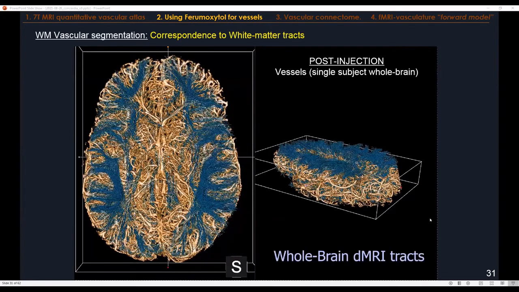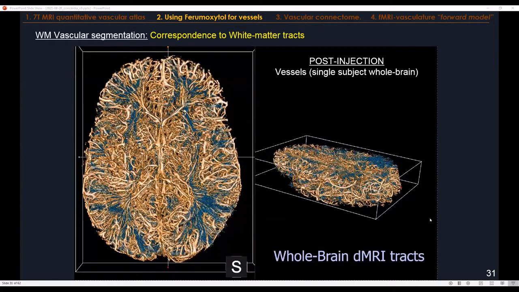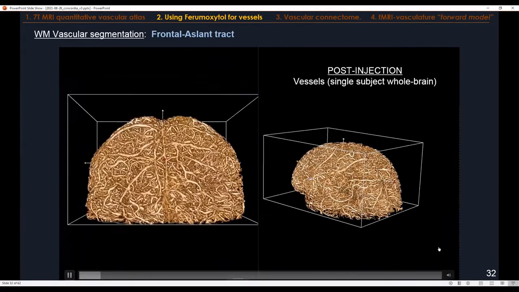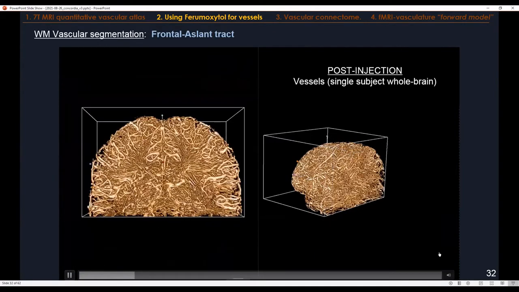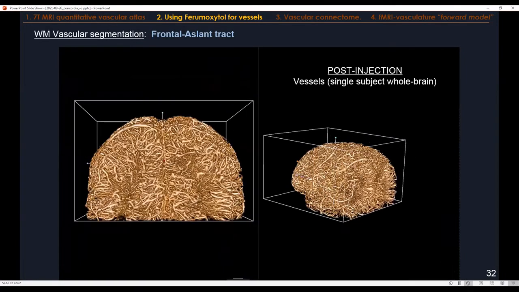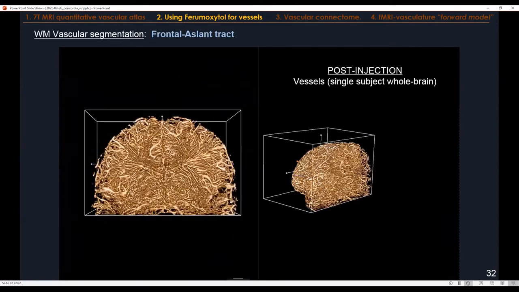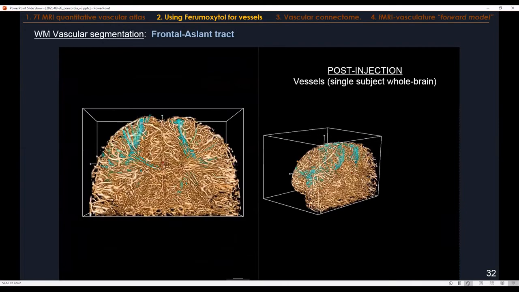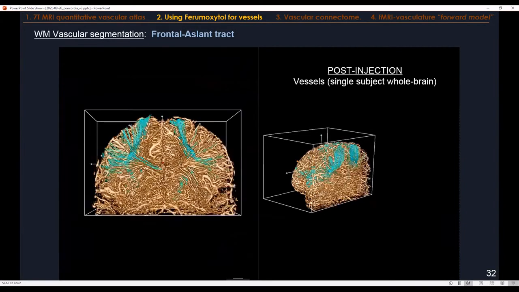We can also, if we isolate some white matter bundles, see that the vessels seem to be aligned with the white matter bundles as well.